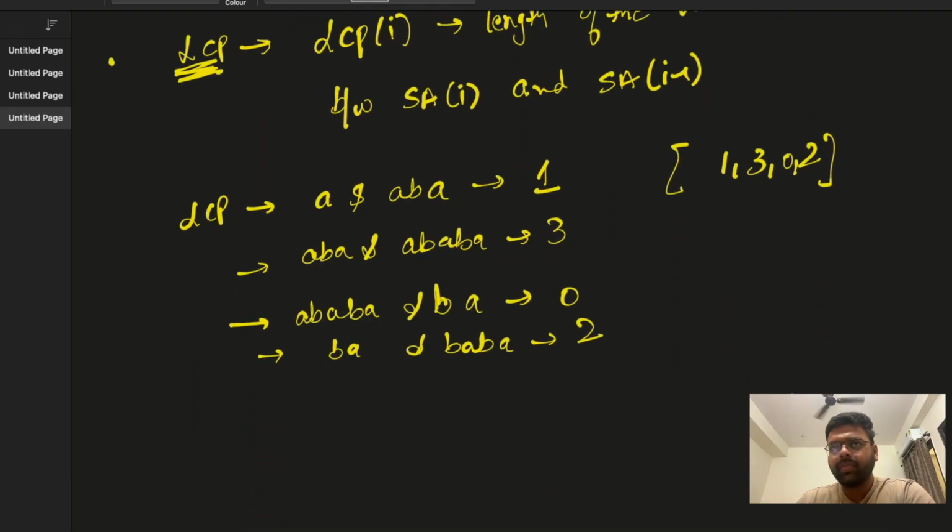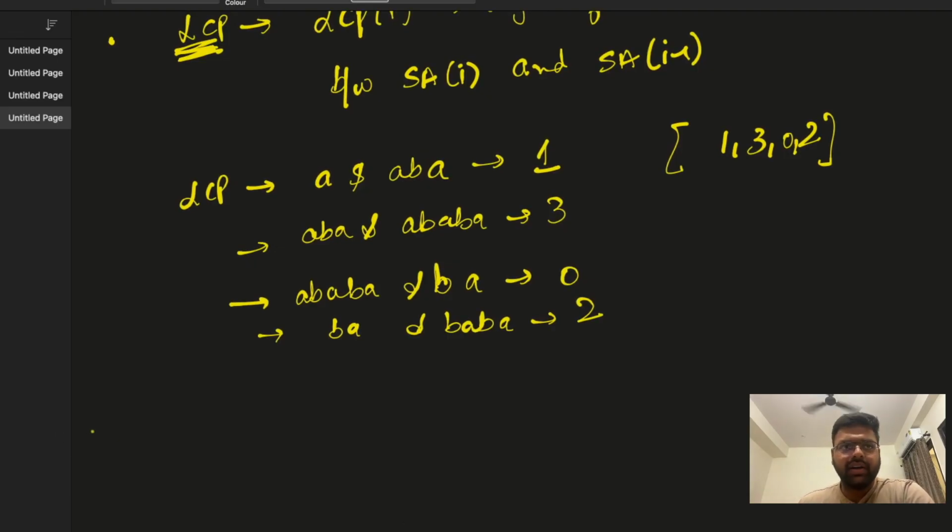In this video we will not be getting much into the implementation of how to optimally calculate LCP. For that you can read the CSES algorithm.